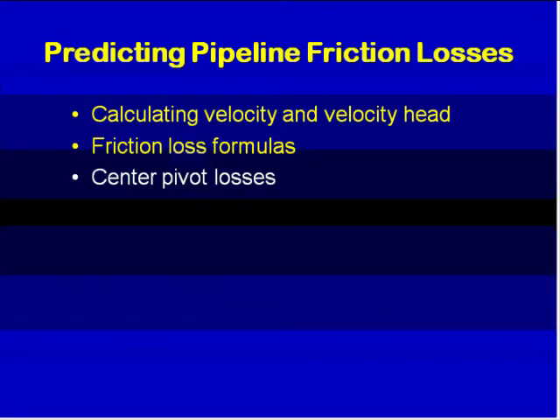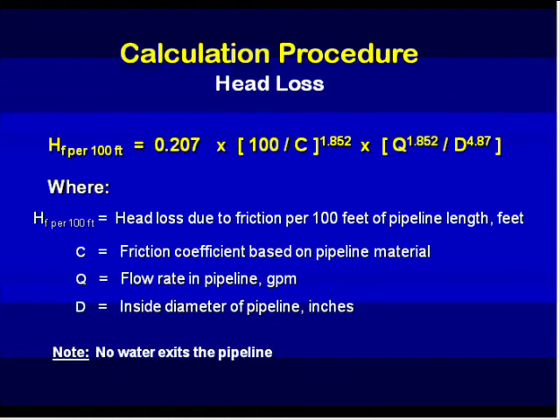So let's look at the center pivot losses here. We're going to use the Hazen-Williams equation that I spoke of. This is the equation with the values in here, and we're going to do this on a per 100 foot of pipeline length. The C factor here is a friction coefficient based upon the pipeline material, and I'll show you a table with those values in a minute. Q is the flow rate entering the pipeline in gallons per minute.